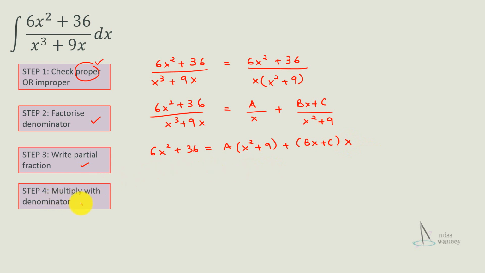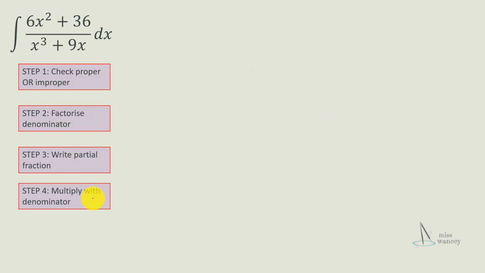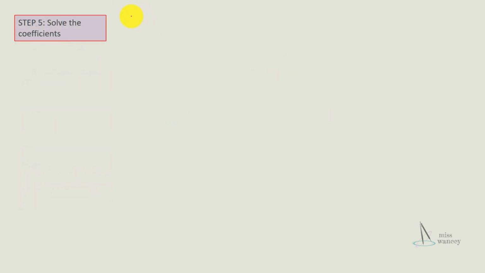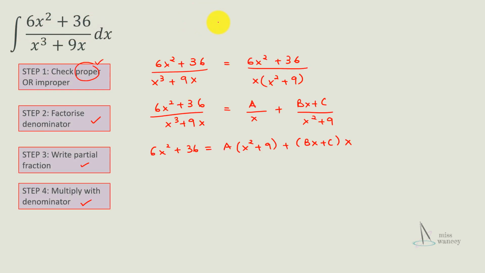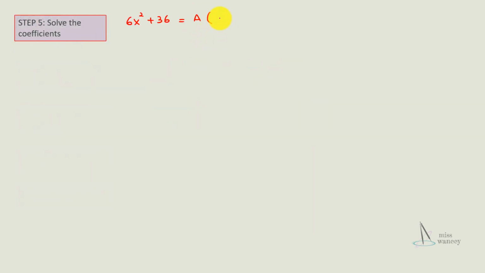So this is multiplying with the denominator. Let me copy down a little bit slowly. So 6x squared plus 36 equals A multiplied with (x squared + 9) plus (Bx + C) multiplied with x.